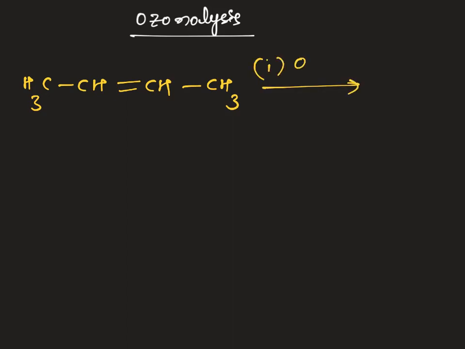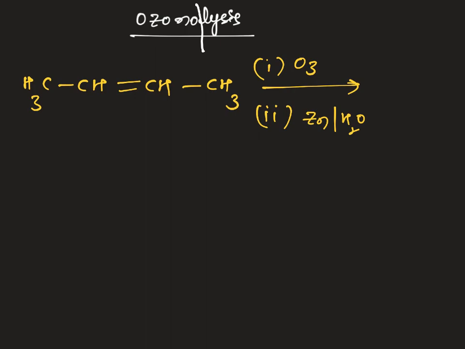Let's take some more examples. I am taking a butene, 2-butene. First step is reaction with ozone. It is an addition reaction which will form an ozonide. Second step, after forming ozonide, I am doing a reduction reaction with zinc, reductive ozonolysis. So in this process, ozono means we are taking ozone, and lysis means cleavage.